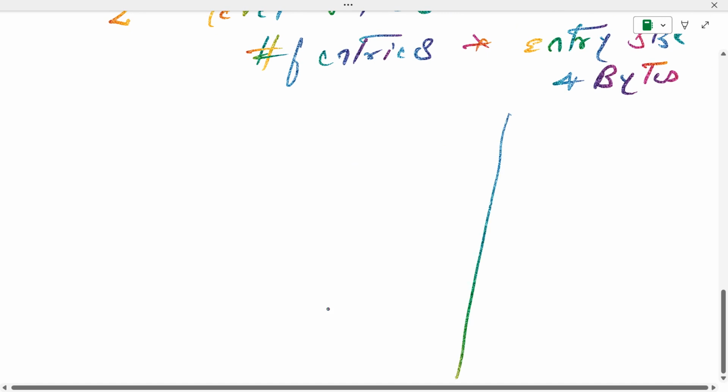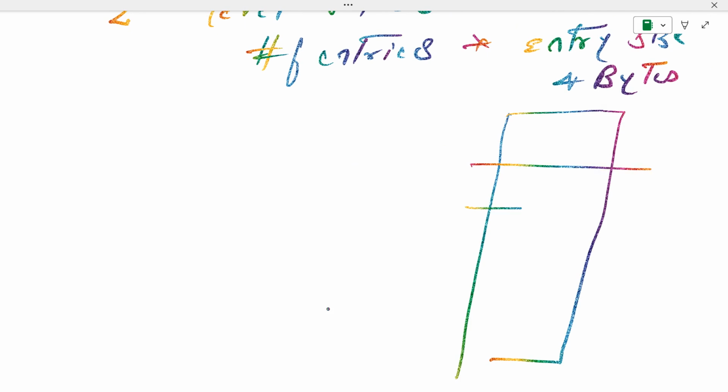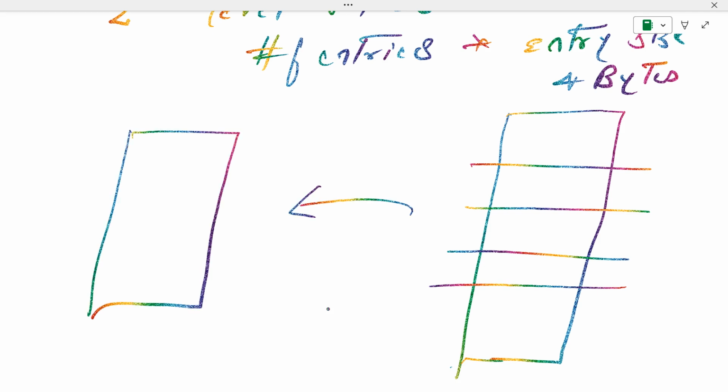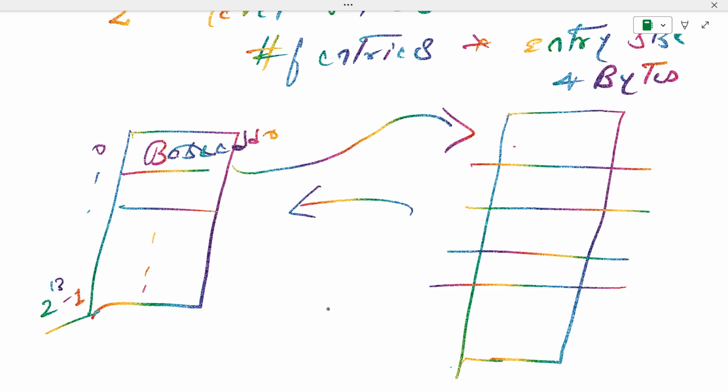This is our page table, and this page table has been divided into 8K pages. Here we are maintaining another page table for these 8K pages. So it is going to have entries 0, 1, altogether 2 to the power 13 minus 1 entries. This will contain the base address of this particular page of the page table. So if we get it here from P1, we get to this point.